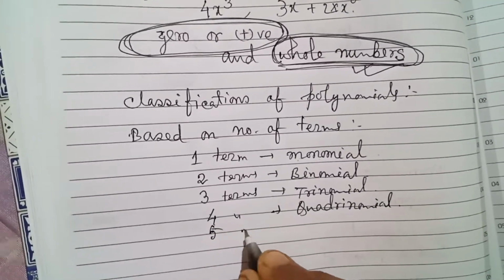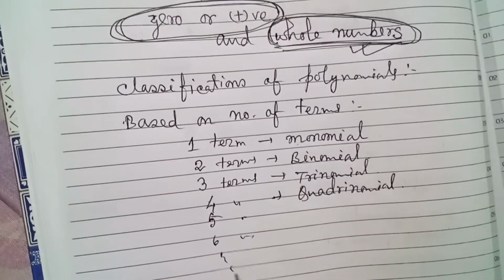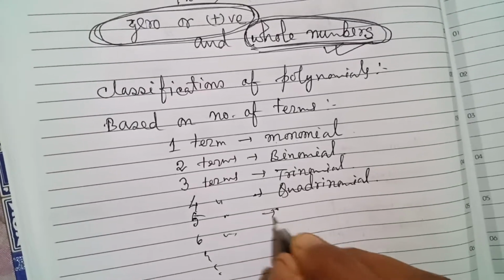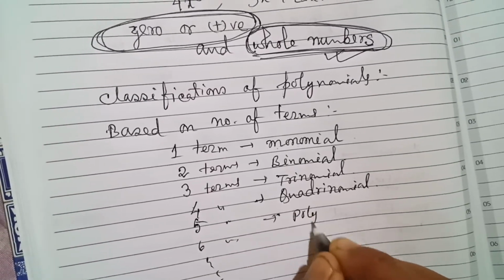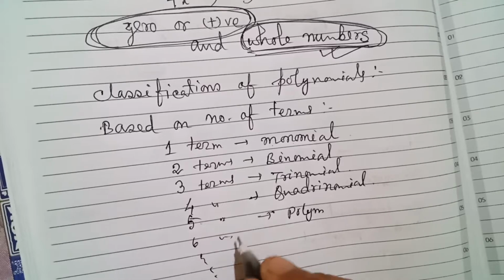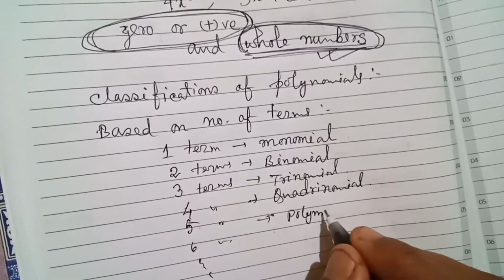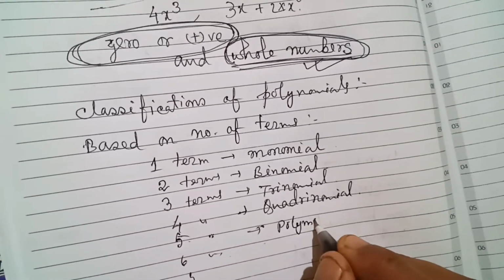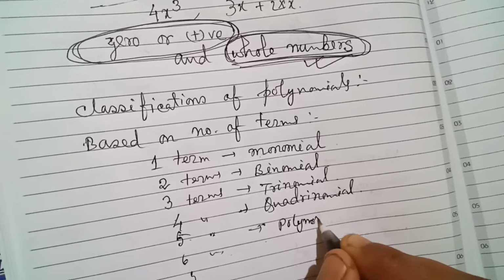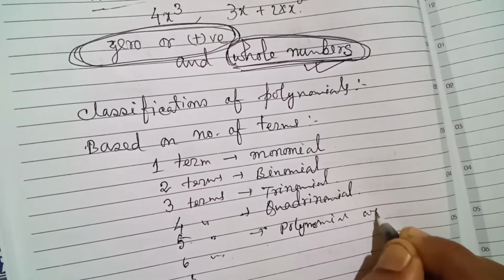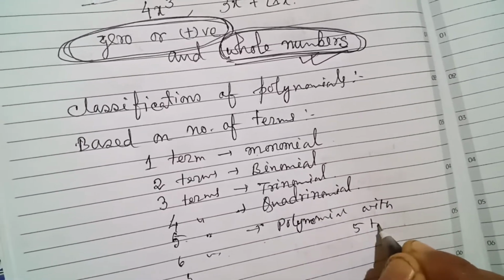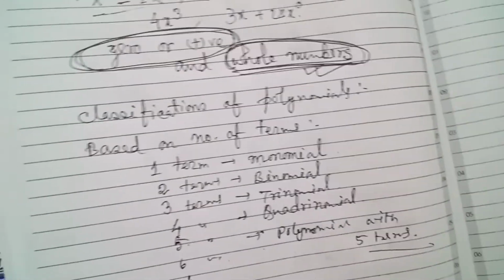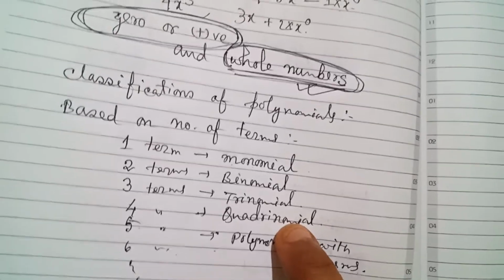From five terms, six terms and so on, we will say pentanomial, hexanomial, like this, or polynomial with 5 terms, 6 terms, like this. Up to this, normally it is used, quadrinomial.